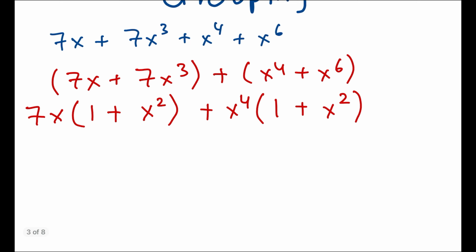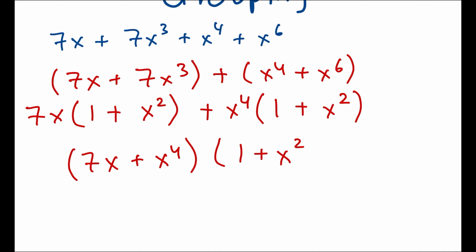Now as you see, you got the same factor here. You can combine them together by grouping it again, like 7x plus x4, and you combine this one, x squared. Now as you can see, 7x with x to the 4, they have the greatest common factor again.